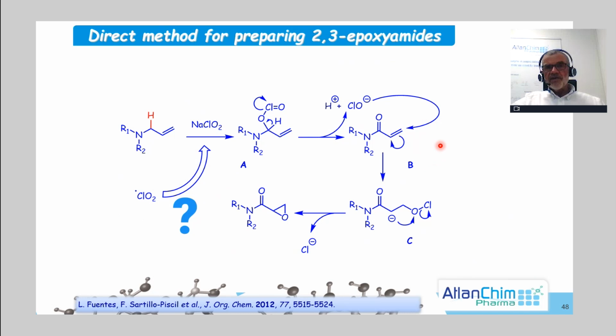Second, Michael type addition on the activated double bond of B here by hypochlorite ion formed in the previous step gives C here. Then intramolecular cyclization with elimination of chloride provides the 2,3-epoxy amide.